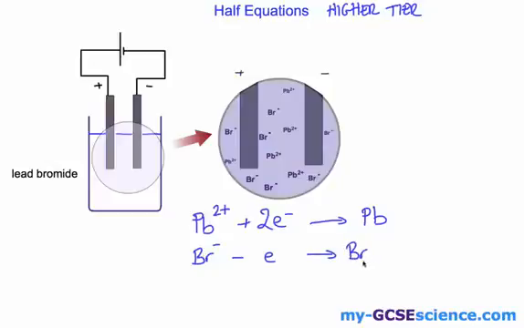Now, the slight issue here is that bromine gas exists as pairs of atoms like that, so we have Br2, so again this is unbalanced, so we have to balance it, and in actual fact it's quite straightforward. All we do is we have 2 bromide ions reacting with 2 electrons to make our Br2. So these are 2 half equations representing what's going on in the electrolysis of lead bromide.